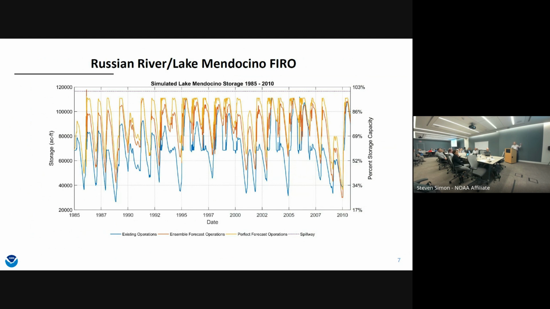So the best would be if it was flat straight across. The blue here is the current operations, and the yellow is if you had perfect forecasts, and in between there, close to the yellow, is if you used HEFS forecasts. So we did a pretty good job of optimizing the forecast operations there.